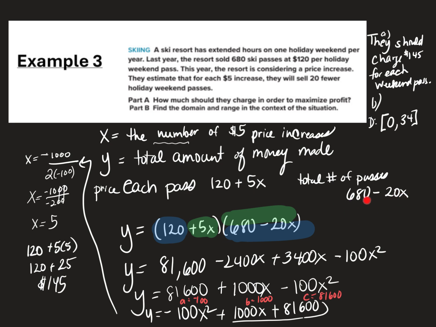If you go any higher than that, then this is going to become a negative number. So that's where the 34 came from. If you set this equal to 0, because that's the minimum, sorry, then 680 minus 20x equals 0 would give you that highest number that you could have, that 34. So to describe that in the context of the situation, let me grab a pen.